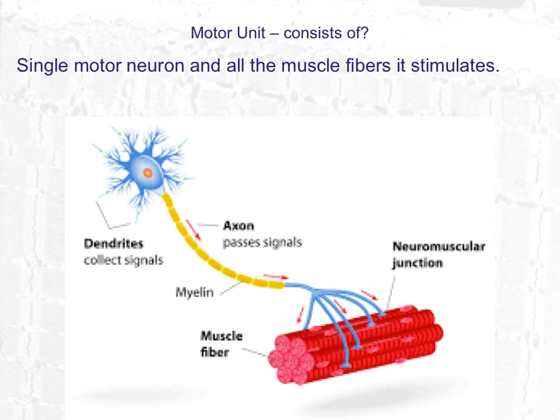So a motor unit consists of a motor neuron, a nerve cell, that's going to get input from the brain and then send the signal to the muscle fiber. Okay, so a motor unit is the nerve plus muscle fibers, and it could innervate a great many muscle fibers, or it could just innervate a few, depending upon the location.